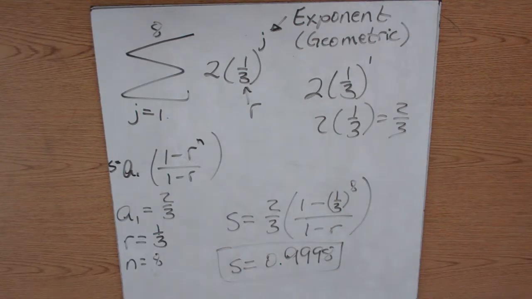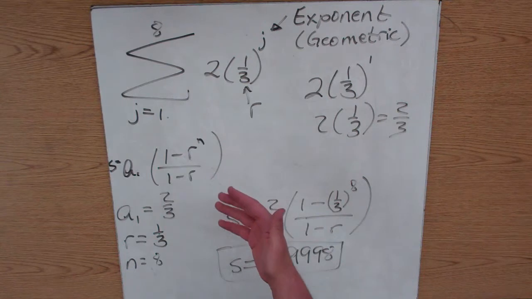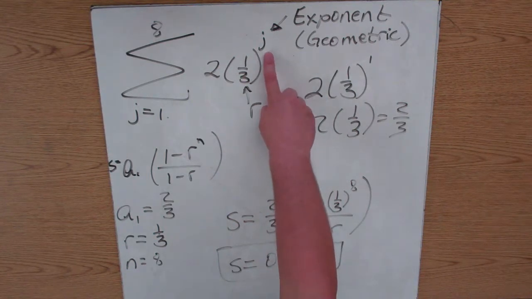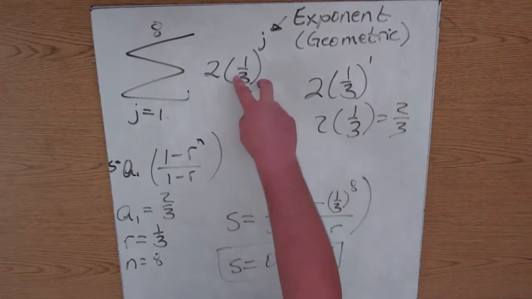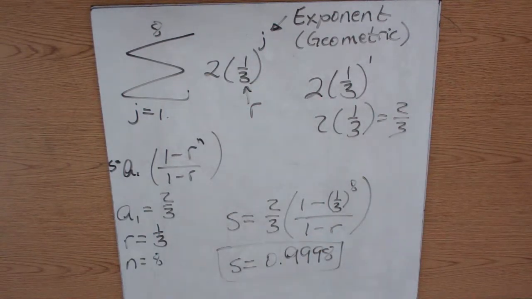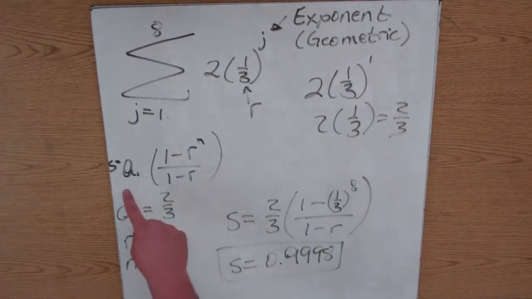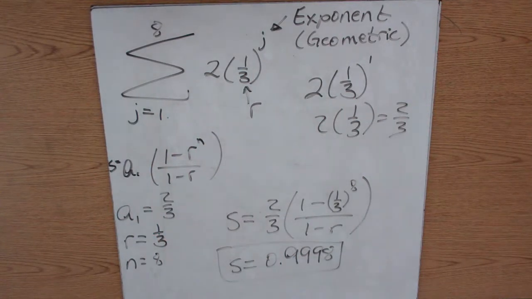Leave it alone. So, the main difference with sigma notation is if your variable is your exponent, it's geometric, and whatever is in the parentheses raised to that exponent, that is your ratio. Then you just find your first term by plugging in your bottom number, and then the rest of it you just finish the formula. Alright?